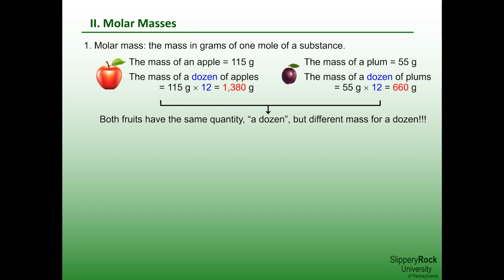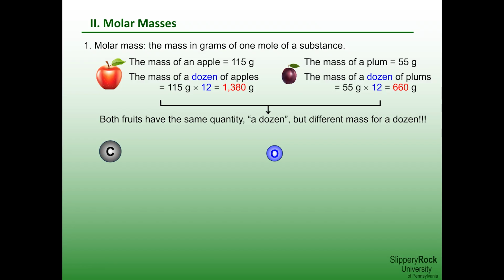Now, let's extend this idea to chemistry. In chemistry, instead of using a dozen, we use the term a mole. 1 mole of anything contains 6.022 times 10 to the 23rd particles. This is Avogadro's number, and it works for atoms, molecules, ions, any type of particle.